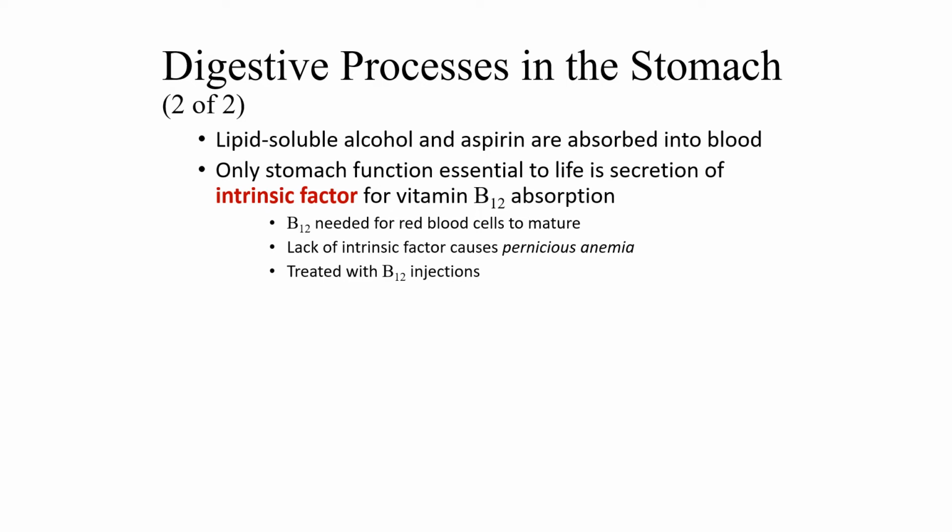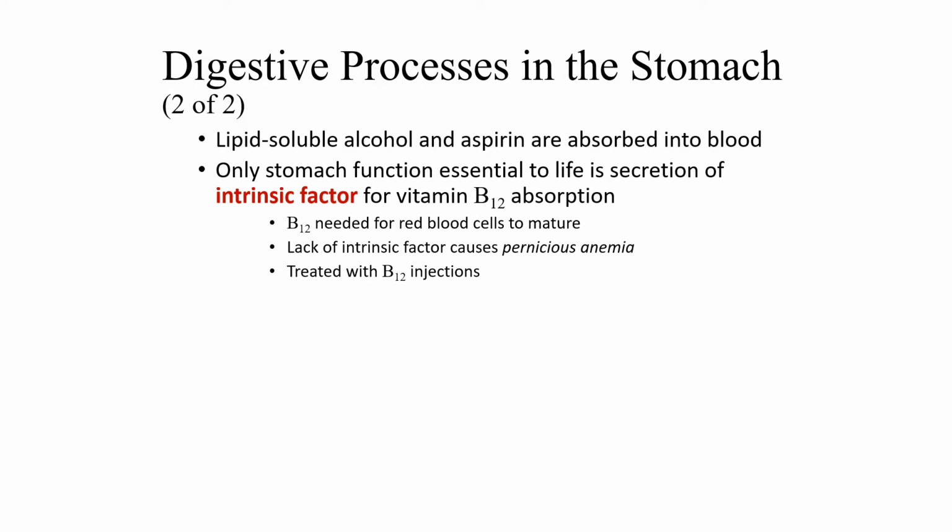And a fascinating fact, this is great to wow and impress your friends and family, is that really the only absolutely essential function of life the stomach has is to produce intrinsic factor so that B12 can be absorbed.